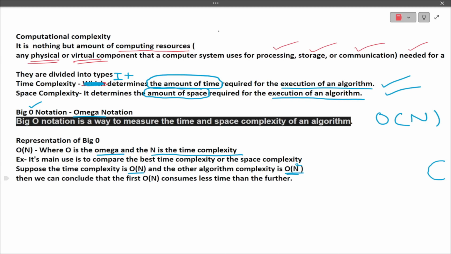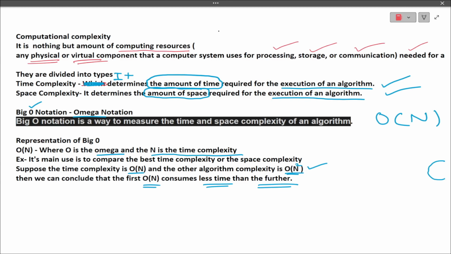What have you observed from that? You have concluded that the first, O(n), has consumed less time than O(n square). Okay, this was all about our concept, computational complexity, big O notation.